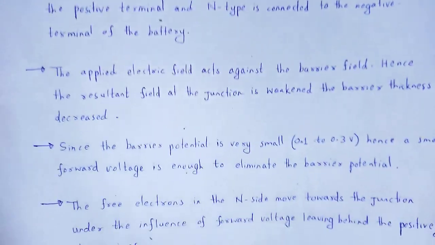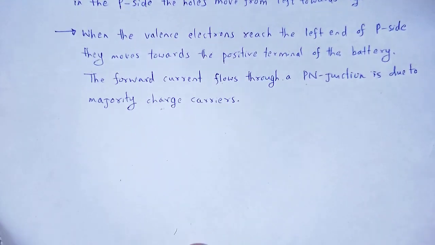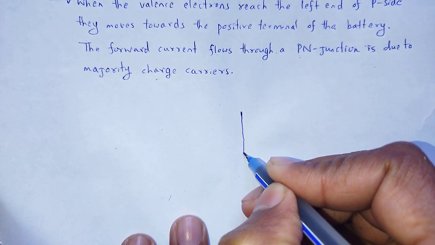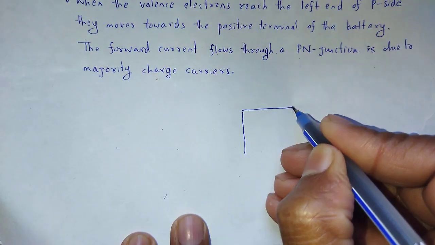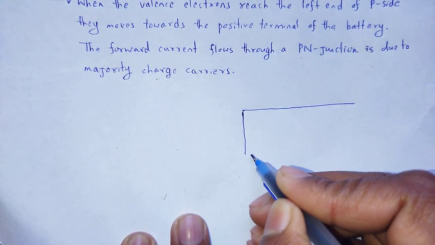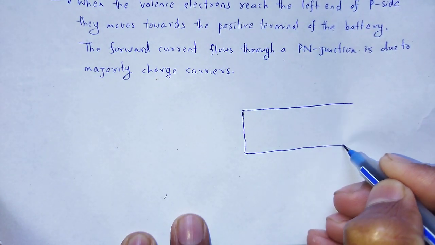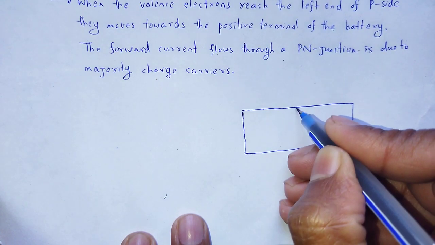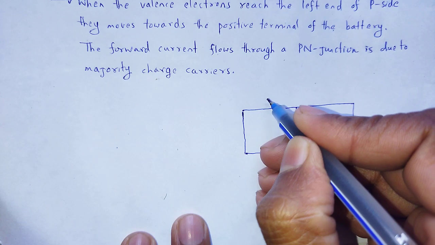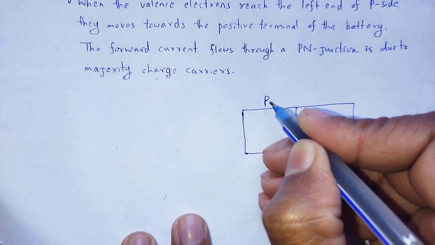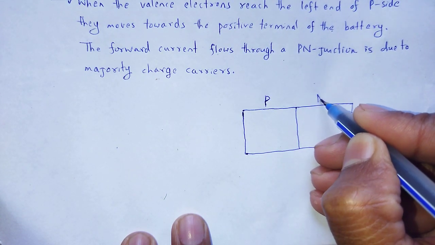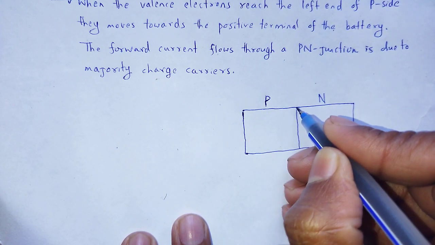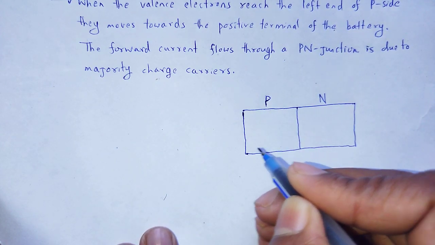Let me take a PN junction. P type semiconductor and N type semiconductor combined with each other, that junction is known as PN junction.